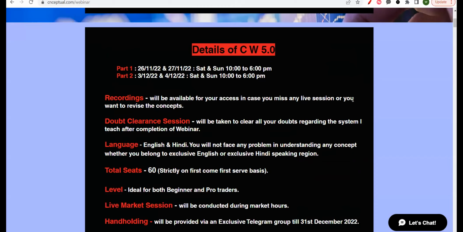Vinay is asking, is the application of the workshop more for index or stock? Both. It works for both index and single stocks. I trade in both as an option buyer. Indices are very good, and whenever you get a good opportunity in indices, that's good. But in stocks we have a very good edge.